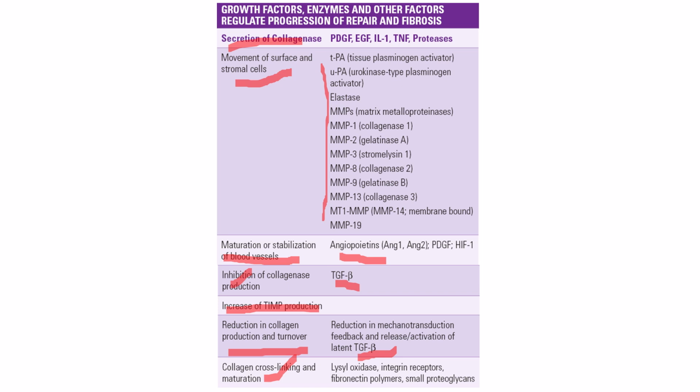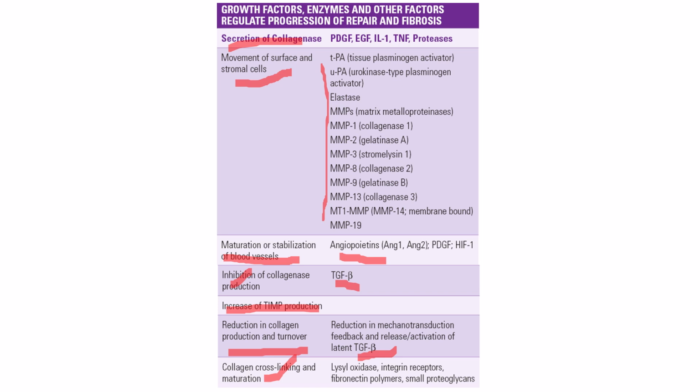So these MMPs, the family of matrix metalloproteinases, have got a highly specific role in breakdown of the matrix, such as collagen, gelatin, and stromelysin. Angiogenesis and vascular stabilization is by angiopoietin, PDGF, hypoxia-inducible factor, and they help to mature and stabilize blood vessel during the process of healing.